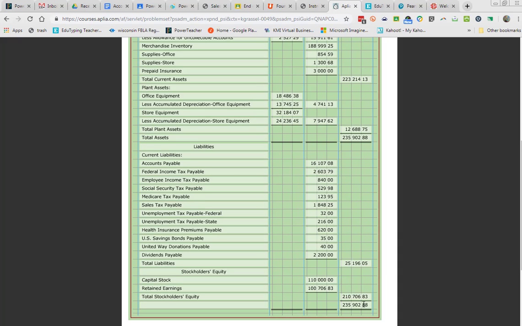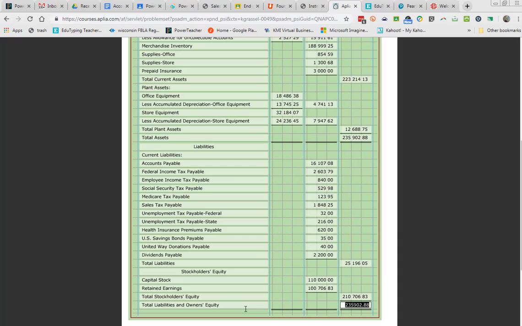When I look here, you will notice I forgot to fill in my heading of total liabilities and stockholders' equity. My total liabilities and stockholders' equity, this number right here, must equal that number there.